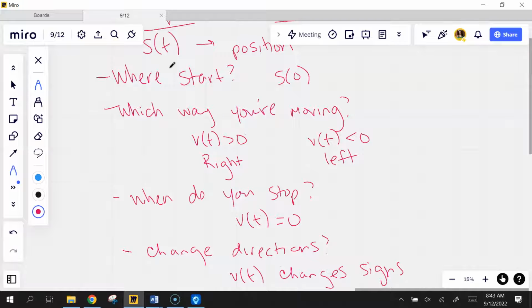What happens if velocity is 0, but from the left and right of that 0, it never changes signs? It just stopped and rested, but then it kept going in the same direction.